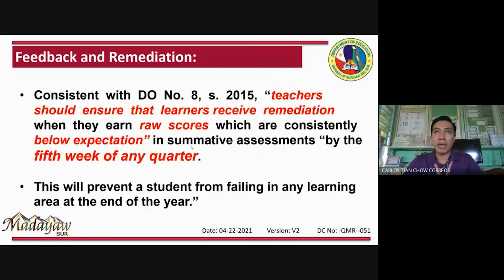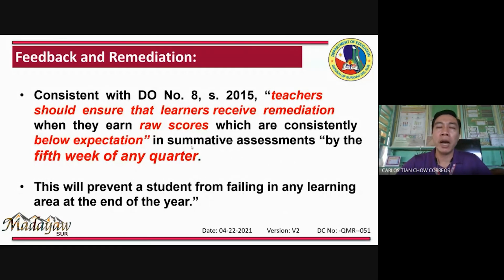Okay? So maaaring itong mga learners natin na na-identify natin na very struggling in the first 5 weeks, stop muna doon ang pagbigay sa kanila ng modules. Yung mga independent learners, continue giving them modules. But for those learners who consistently earn ratings below expectation on the 5th week, bigyan na natin ng remediation, and that is under the policy of assessment.